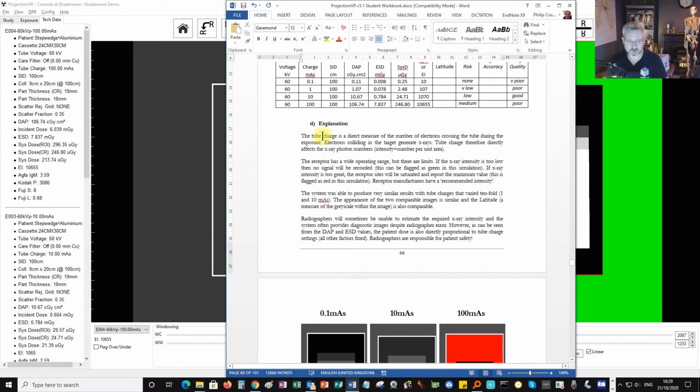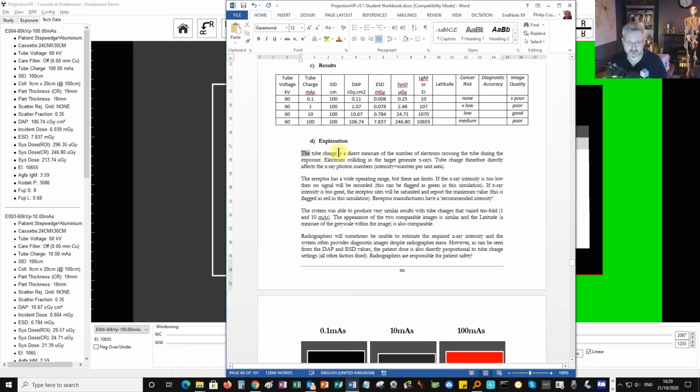Okay, so let's just go over that again. The tube charge is a direct measure of the number of electrons crossing the tube during the exposure. Electrons colliding in the tungsten anode target give off energy as heat, but also 1% of that energy is given off as X-rays.